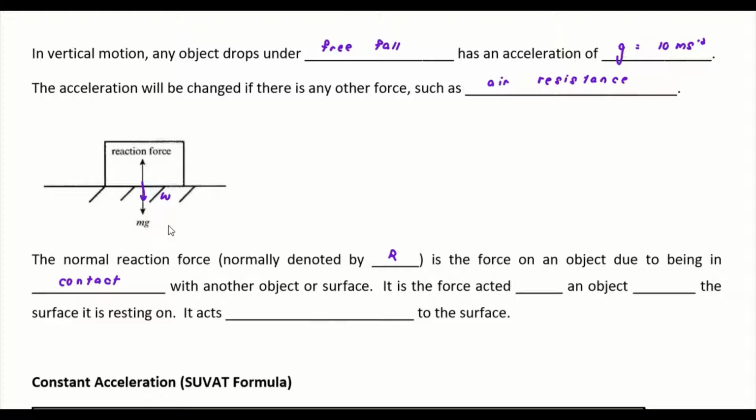According to Newton's third law of motion, there will be an equal and opposite force, so another force applies from the surface onto the object. This is the reaction force, the force that acts on an object from the surface it is resting on. It normally acts perpendicular to the surface, so if the surface is slanted, the normal reaction is perpendicular to the slanted surface as well.